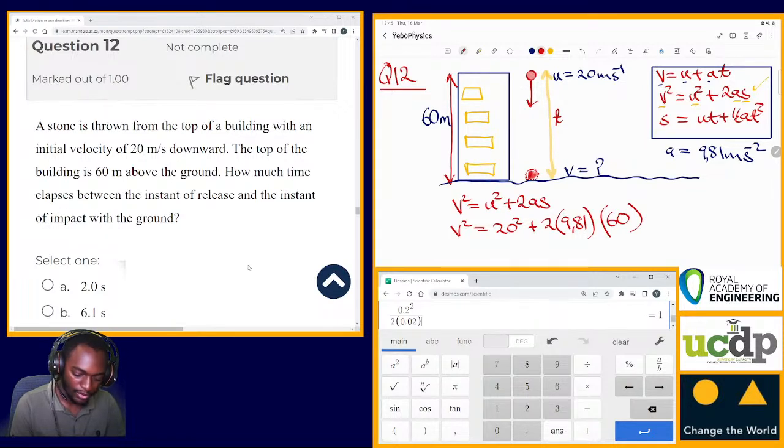We're simply going to punch this in, then find the square root.